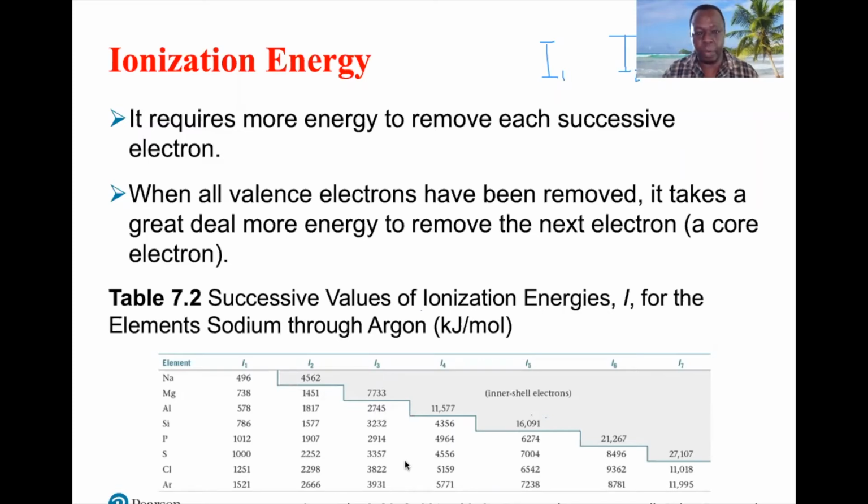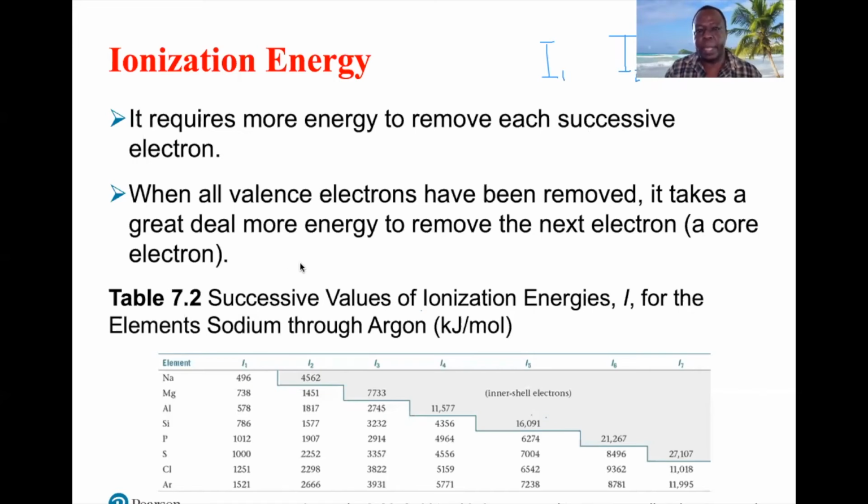This keeps on increasing. Once we are done with the 3 valence electrons for aluminum, we are now getting into the core electrons, and these are the amounts required to remove those. We are not going to get into that. Here is just the pattern of the amount of energy required to remove successive electrons for each element.